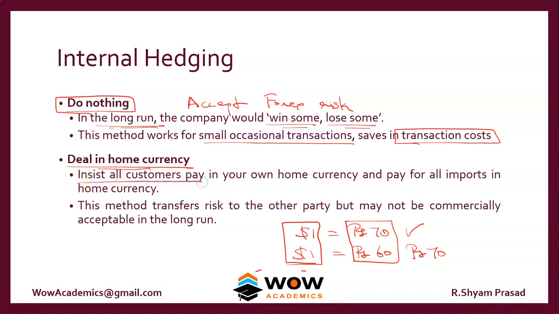Insist that all customers pay in your own home currency, and pay for all imports in home currency. This method transfers risk to the other party but may not be commercially acceptable in the long run. So only when your product and your services are so strong will the other party be willing to pay in your home currency.